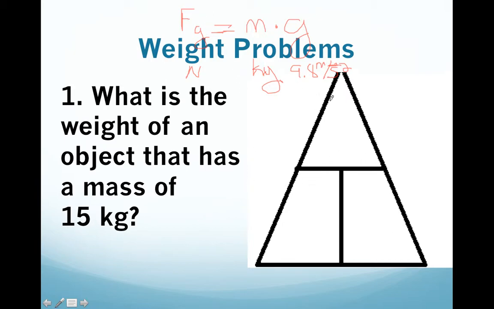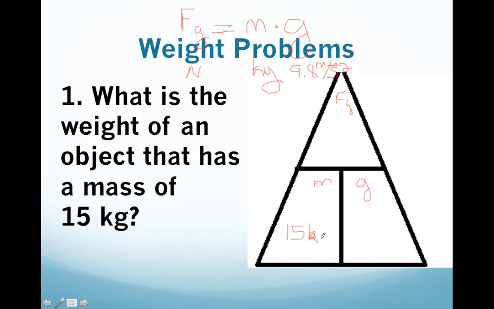So in setting up my triangle up here, your force of gravity or weight would be up top, mass would be here, and gravity would be here. So we know we have 15 kilograms, so we're going to put that in the mass place. 15 kilograms.